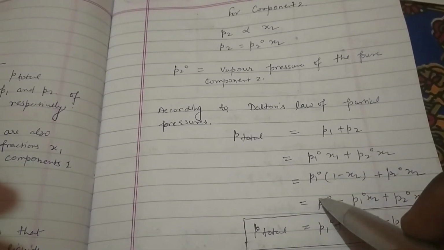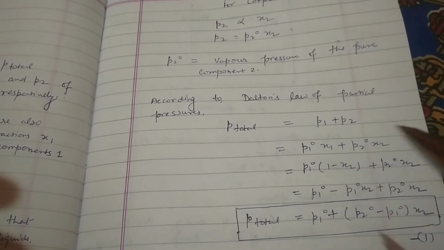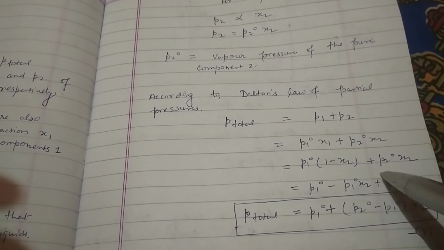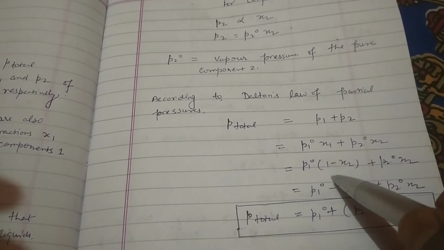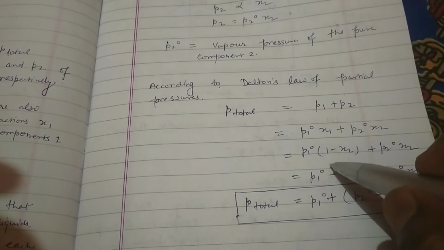Here there are only two components, so x1 is equal to 1 minus x2. We can write this by opening the bracket.